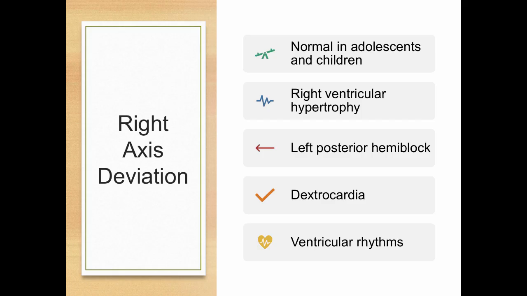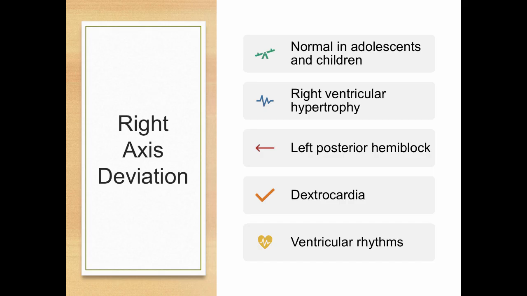On the other side, right axis deviation might be completely normal as well. Kids, adolescents, children, completely normal. So you might do a 12 lead on a 10-year-old and see right axis deviation. Don't freak out. That's probably normal. Even you guys, 20, 21, 22 years old, it might be a normal variant for you to have right axis deviation.